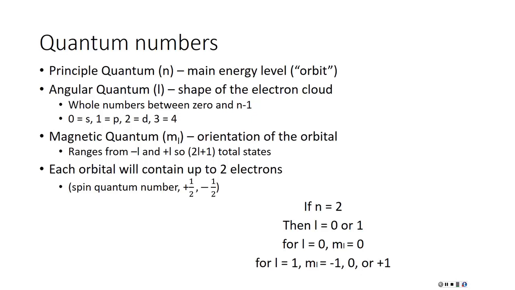So you have your principal quantum number, which is basically your orbit. Then you've got these orbitals, which are like subshells of it, levels within it, as you get closer in detail. And then finally, the number of electrons.